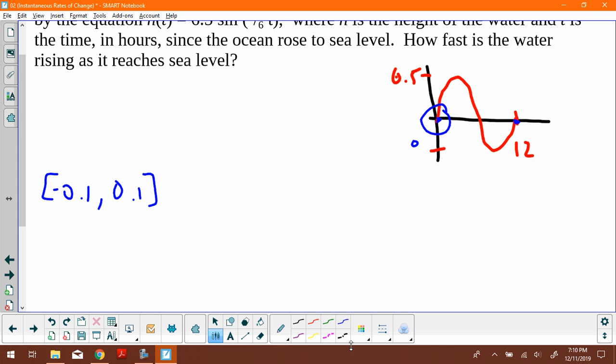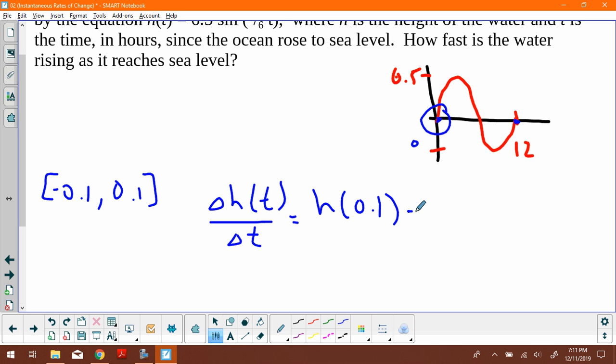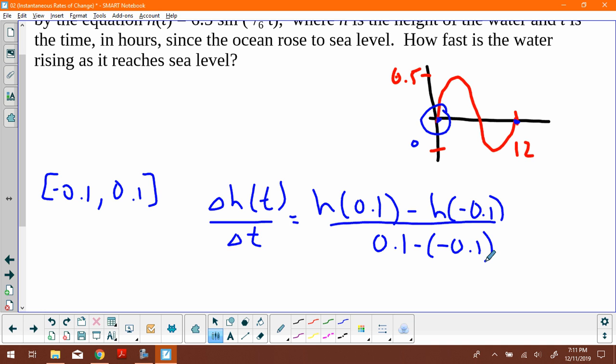So my function again was a height function this time. So the change in h over the change in t: h of 0.1 minus h of negative 0.1 over 0.1 minus negative 0.1.